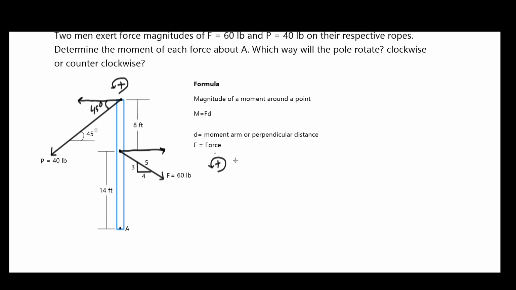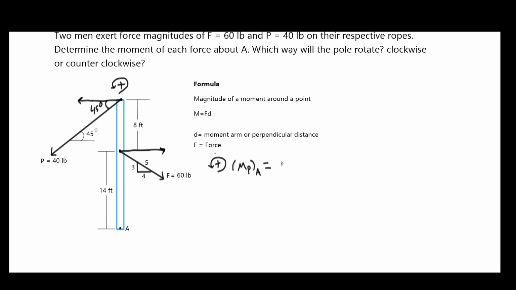So we'll have the moment of P around point A, and that's going to be equal to, so we have a force value of 40, and we have an angle value of 45 degrees, and it's touching the x-axis. So you know that that's going to be cosine 45.